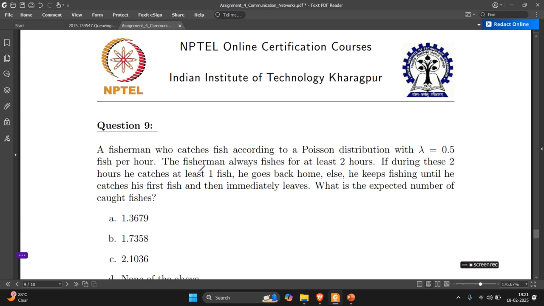The fisherman always fishes for at least 2 hours. If during these 2 hours he catches at least one fish, he goes back home. Else he keeps fishing until he catches his first fish and then immediately leaves.